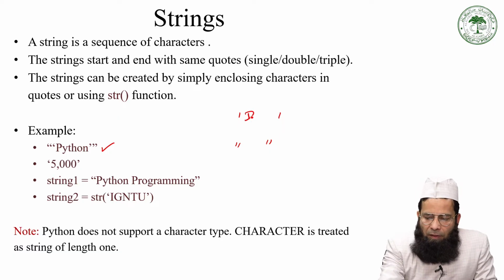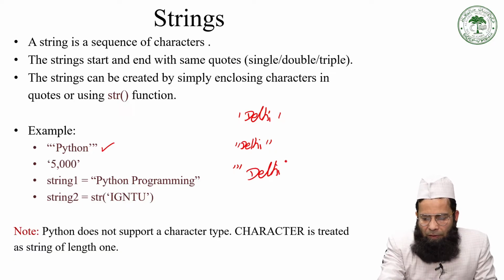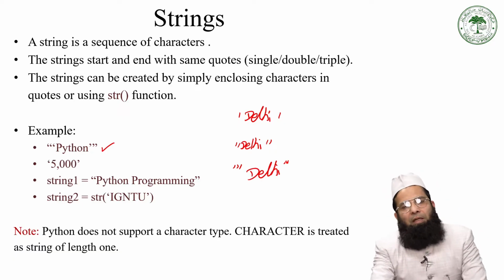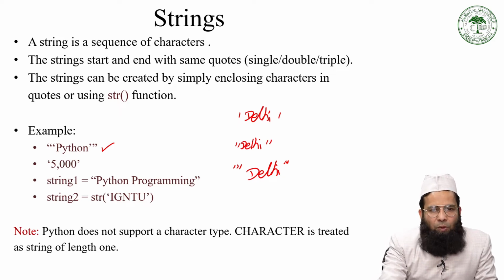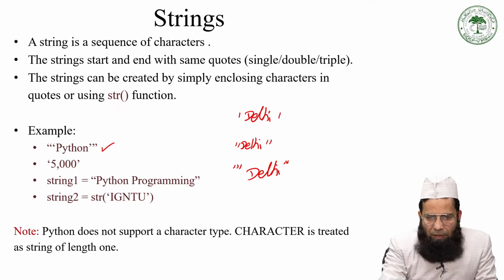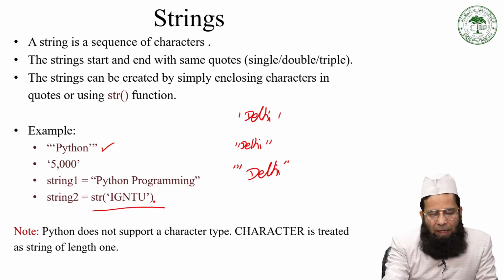Let's say this is Delhi. Similarly, you can use a double quote as well, or you could use a triple quote as well for storing string data. The string can be created by simply enclosing characters in quotes or using the string function as well, like in this case. So we can initialize a string using the string function as well.